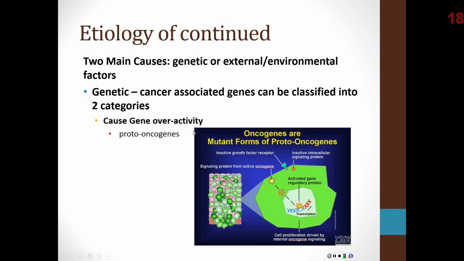But what we really are going to look at a little more closely here at the end of this lecture is the genetic causes of cancer. That's where you're going to see greater questions or more complicated questions on the exam. We definitely have issues with genetic problems. Now, be careful, because genetic doesn't mean hereditary.